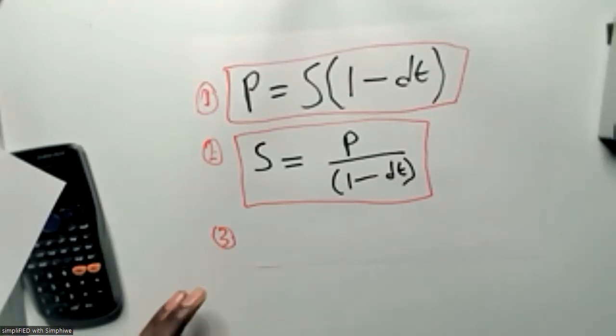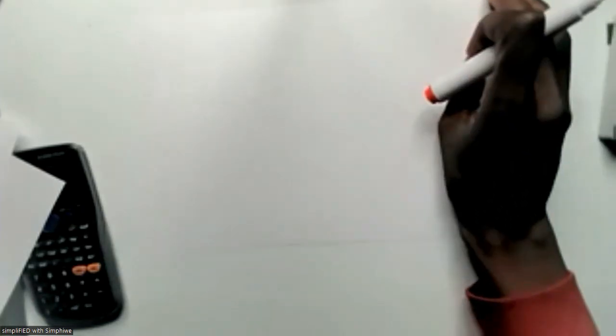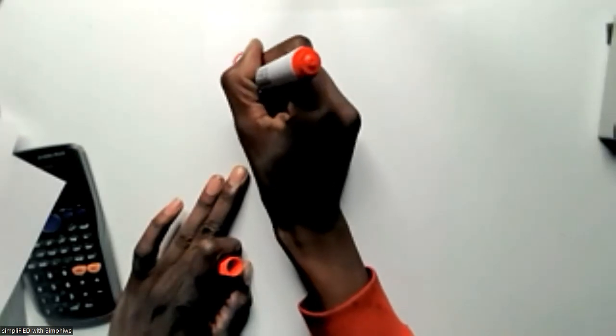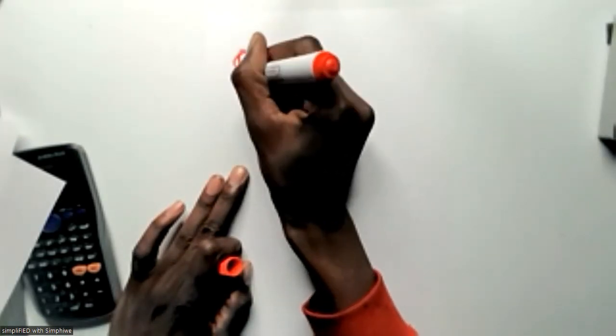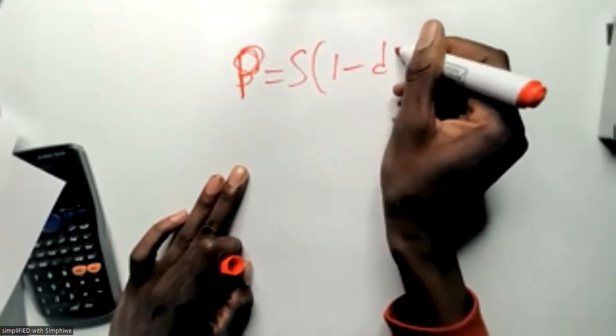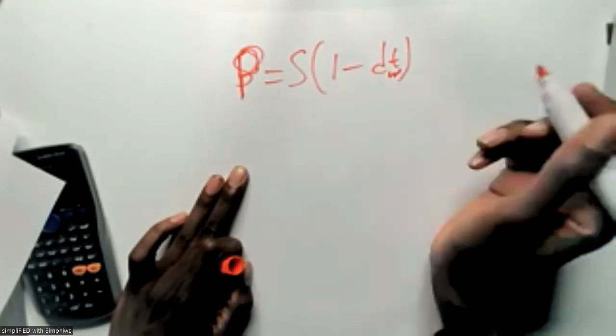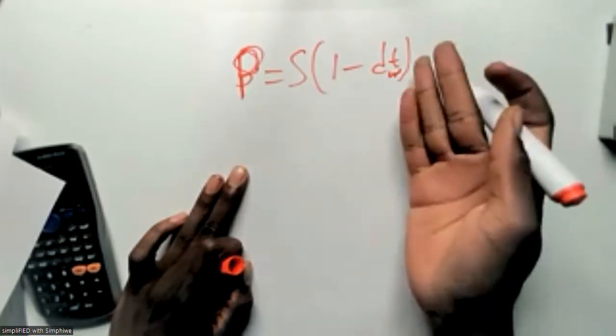Can you guess the third one? Actually, let's derive the third one together just for the fun of it, because I've done this one for simple interest. Suppose the question says calculate the discount rate. So they gave me the original one, P is equal to S(1 minus DT), and they want me to get, say, T or D. It doesn't matter.